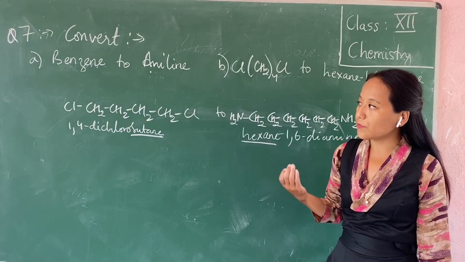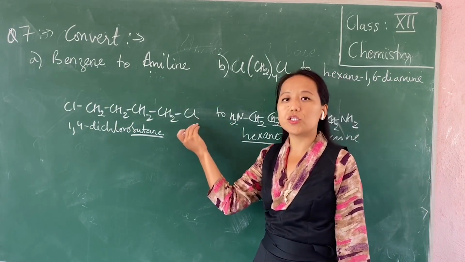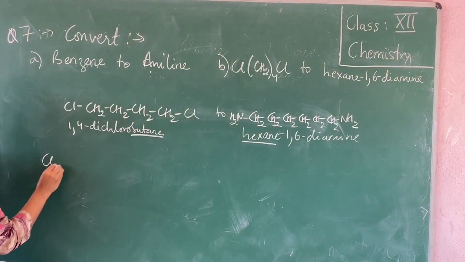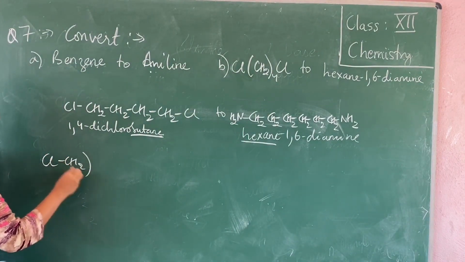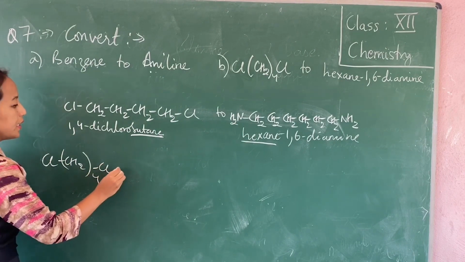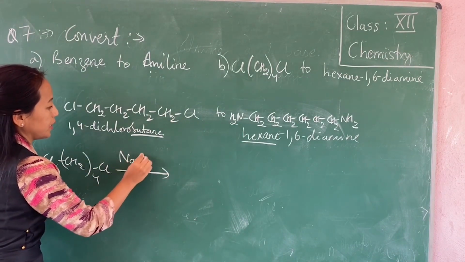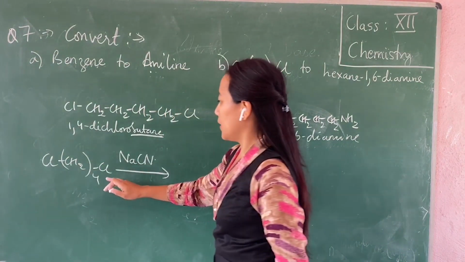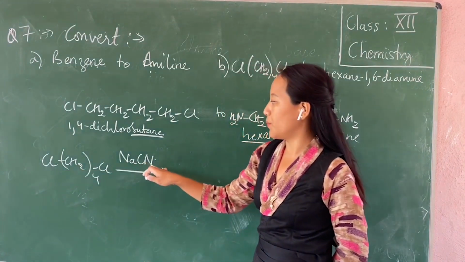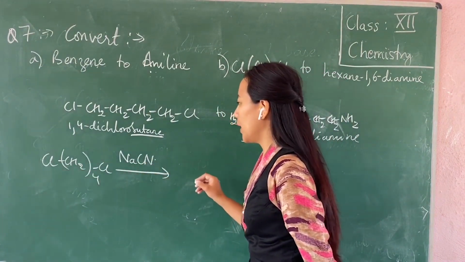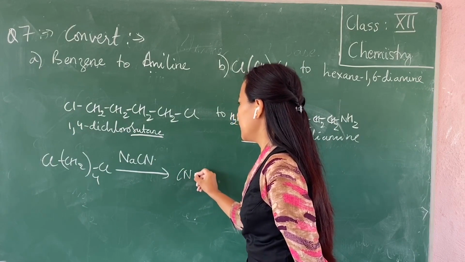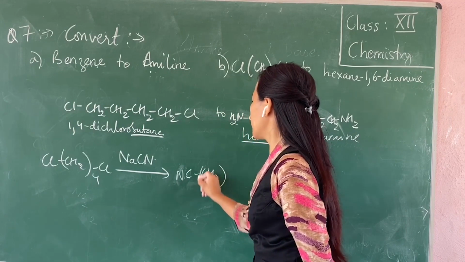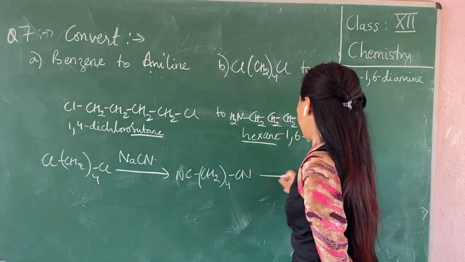So for that, first you have to think about converting Cl to nitrile groups, and you are going to treat Cl, CH2, I'll just write it in this way, 4 times Cl. When you treat it with sodium cyanide, NaCN, both the Cl will be substituted by the CN, and you will get CN, CH2 4 times, and CN.